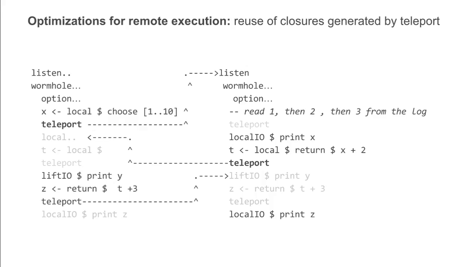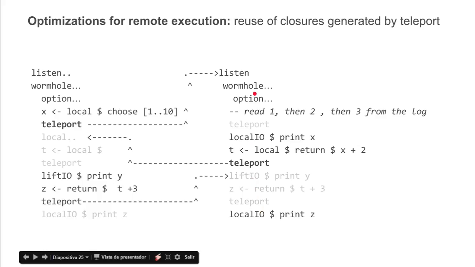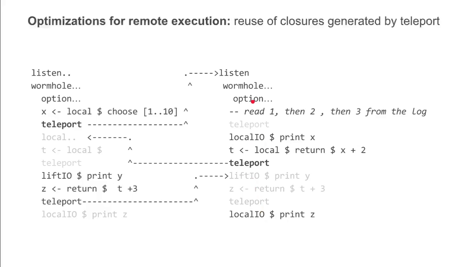So we have reuse of closures, and that is faster, of course, in many situations, but also we can access our own variables here in the computation, because the closures are respected.